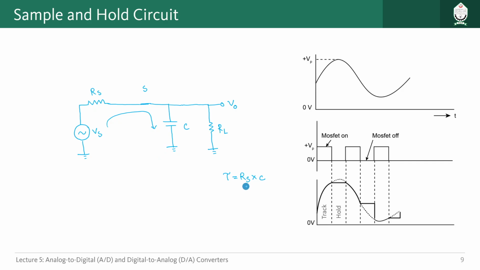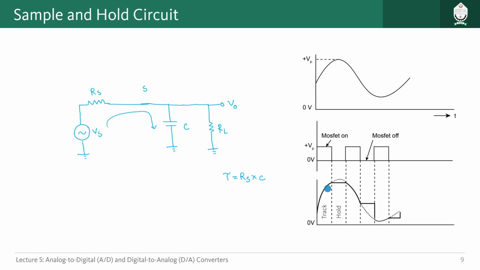So ideally the value of this RS should be as low as possible, but we know there will be some finite value of resistance here as RS, which is coming because of Vs, and we need to eliminate that somehow so that this value is as low as possible, and we will see the tau value will be very low and the capacitor will get instantaneously charged to get this kind of behavior in tracking mode, right?